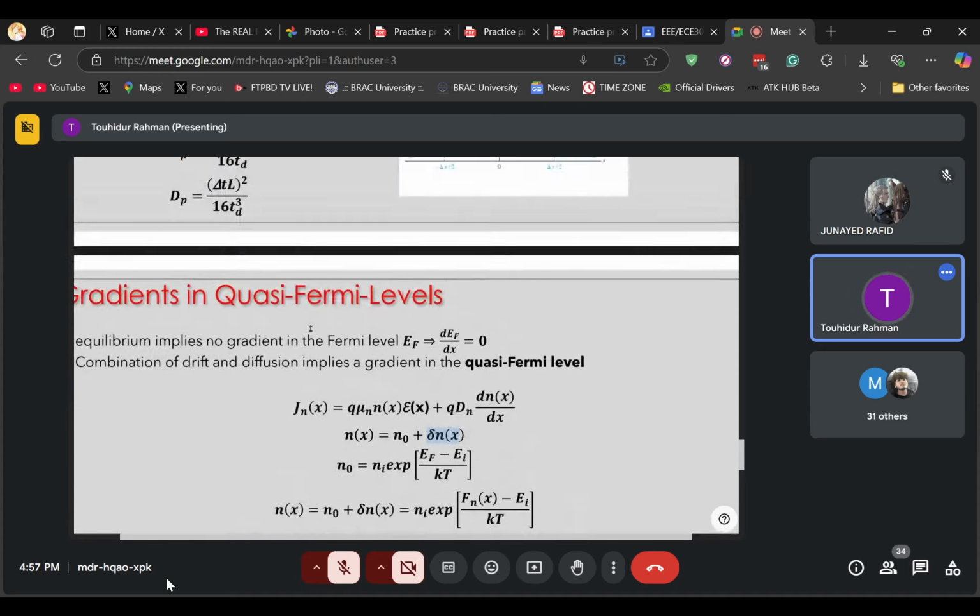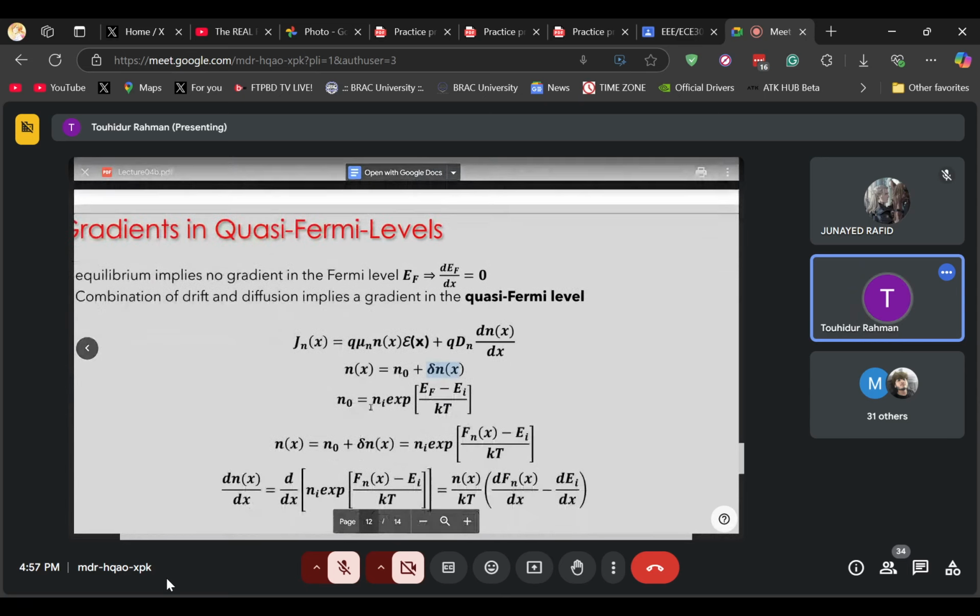However, in this particular example, we are considering steady state. Steady state means it does not change with time, so the derivative will be 0. That's why we have excess carrier only as a function of x.